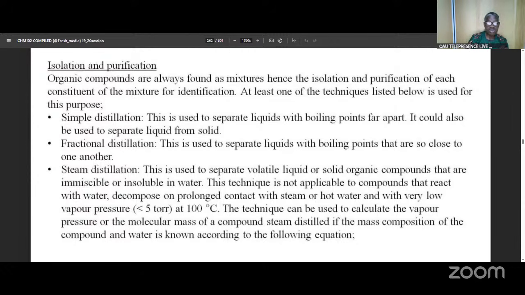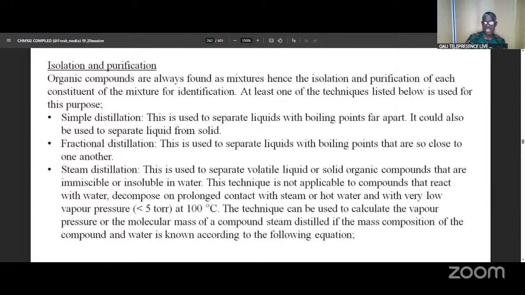Also, this technique is not applicable to compounds that are decomposed on prolonged contact with steam or hot water, with very low pressure at 100 degrees Celsius. So this technique can only be used for the stated type of compounds.